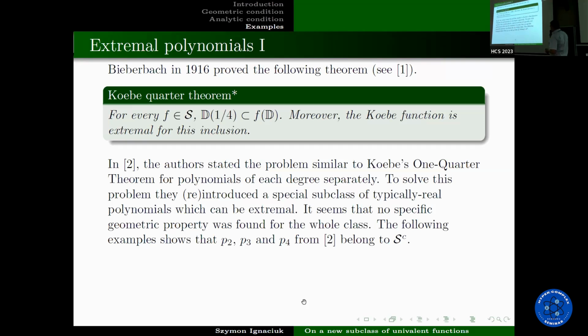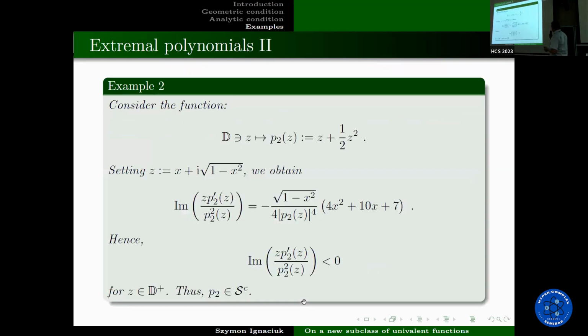And what I will show you next is that the following examples show that P2, P3, and P4, so these polynomials of order 2, 3, and 4 respectively, belong to our class C. These are only sketches of proofs. So P2 is given by this formula.